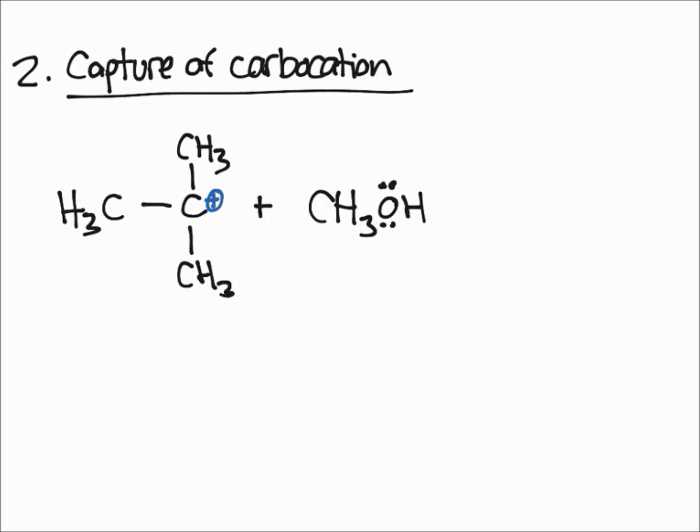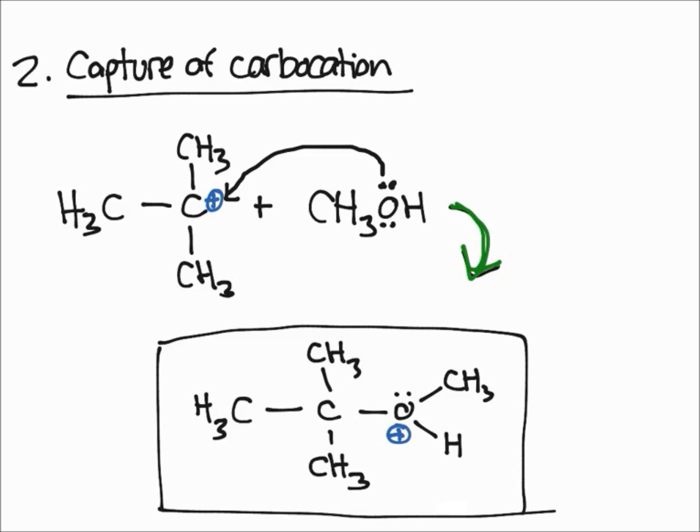And so what's going to happen is the oxygen lone pair is going to come in and attack that carbon and form a bond there. As a result, after that, you get this as the product. So that is the product.